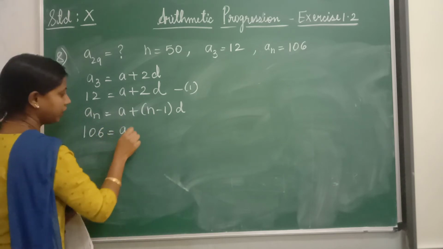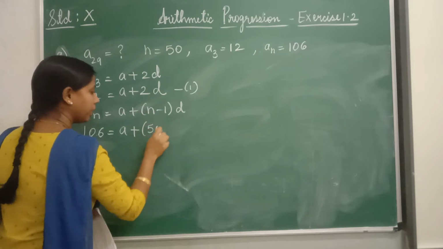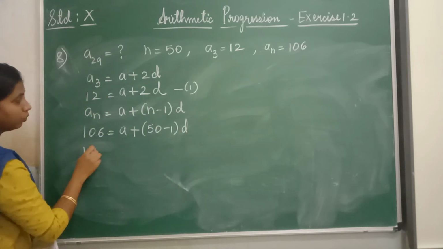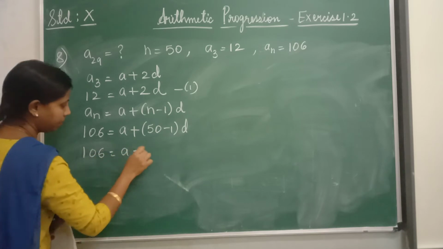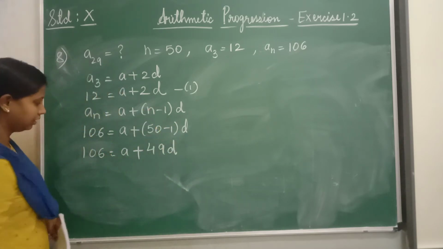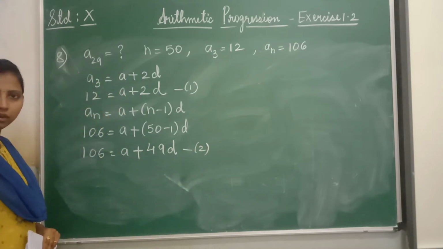A we have to find and n is also given. Substitute that, 50 minus 1 into D. So 106 is equals to A plus 50 minus 1 is 49D. So this is our second equation. Understood, children?